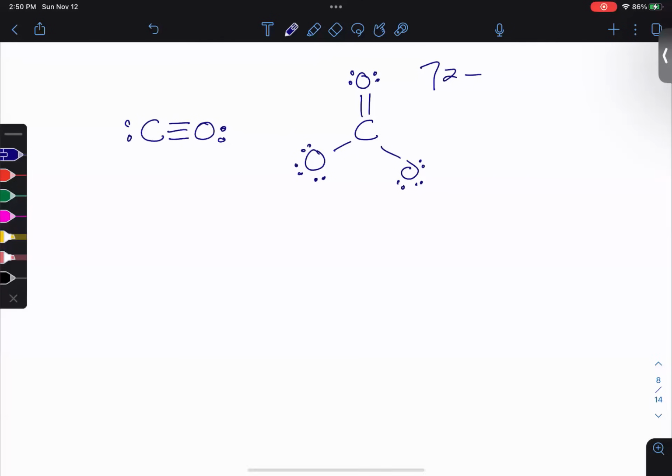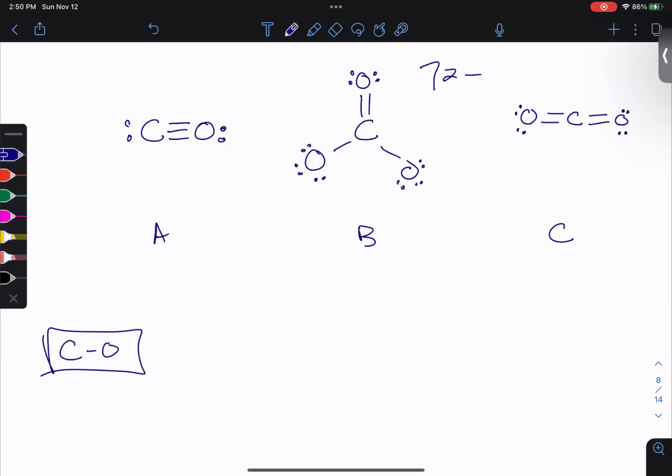This is 2 minus, and so A, B, C, okay, so I want you to tell me which molecule has the strongest CO bond in it. A, B, or C? Which one? A, yeah, so let's just go through the bond orders of all of them.